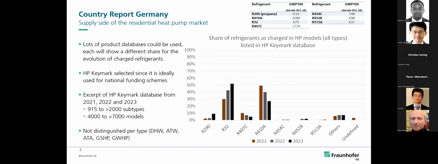And as you can see, the number of heat pumps using low-GWP refrigerant is significant, much more so for R32 compared to R290. It's not so large for the other low-GWP refrigerants like R513A, but as you can see, the supply side is dominated by the low-GWP refrigerant R32.